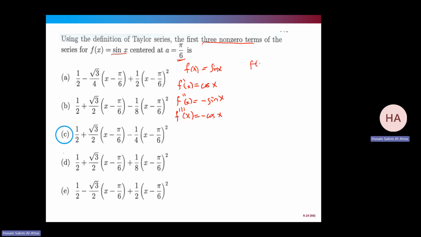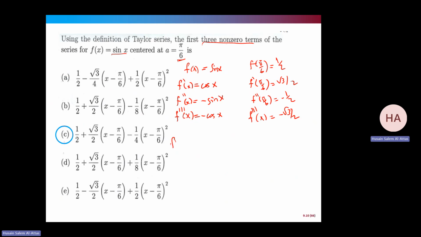So I have f at pi over 6, that will be half. F prime at pi over 6 is square root 3 over 2. F double prime at pi over 6 is minus half. I don't need anything more, but just for completeness.